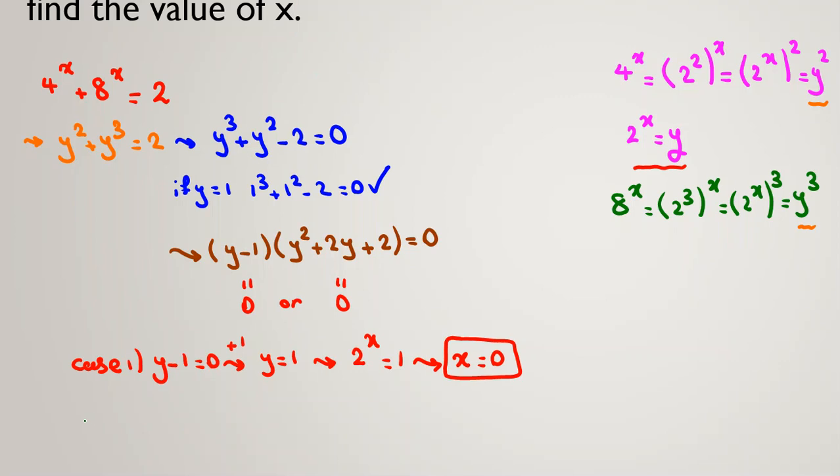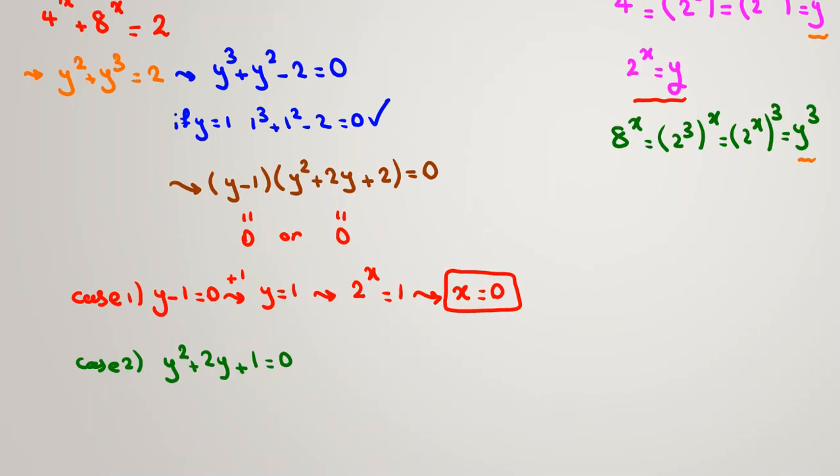Let's check the other case. Case 2. The second term, y squared plus 2y plus 2 equals 0. I will solve this in two ways, because in some problems solution number 1 works, in some problems solution number 2 works. So solution number 1 for this part.